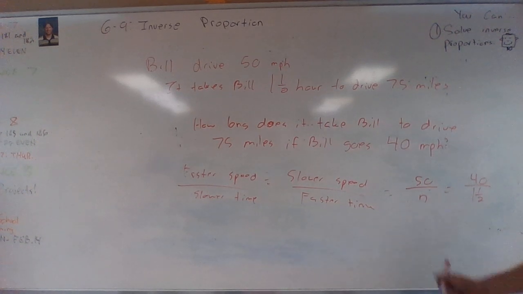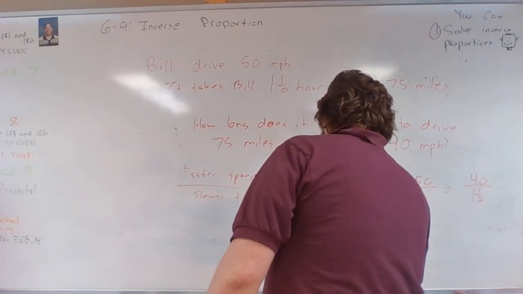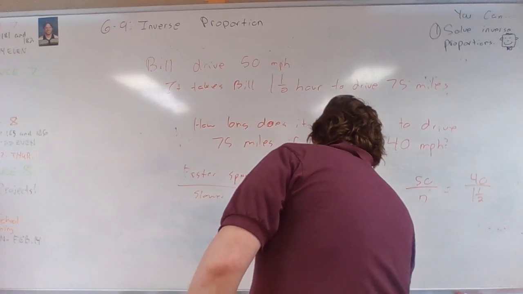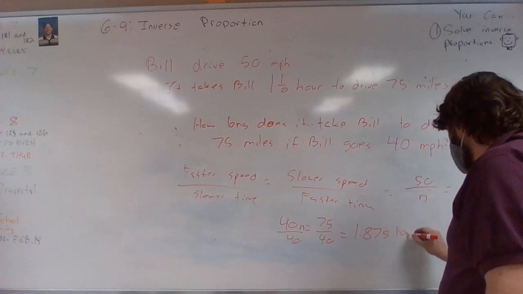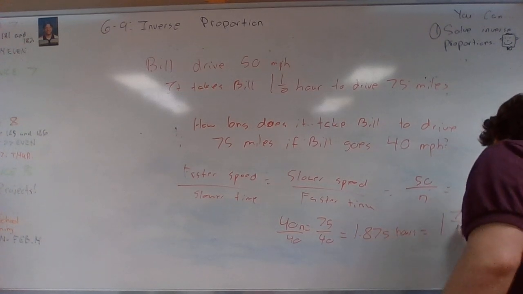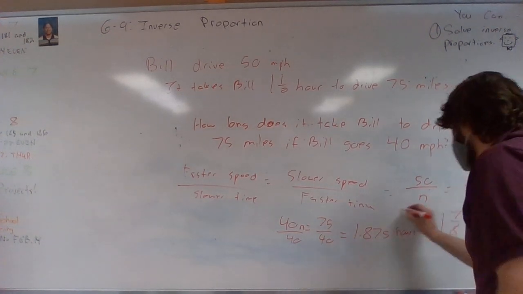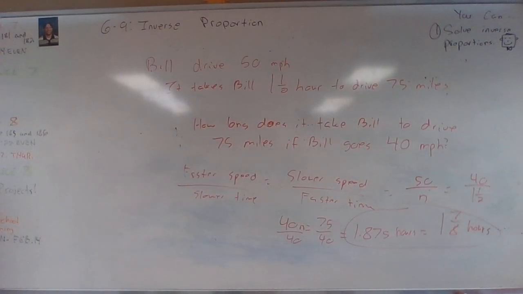So from here, 40n equals 75. You would get 1.875 hours, which, if you know your decimals, converts to 1 7/8 hours. So either answer would be perfectly acceptable to me. If you wrote it in decimal form, 1.88, that's fine too. You can certainly just go with decimal form. No problem.